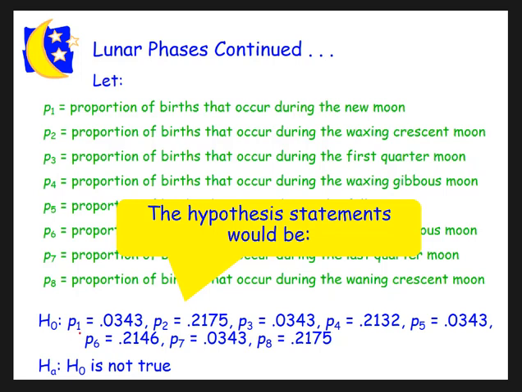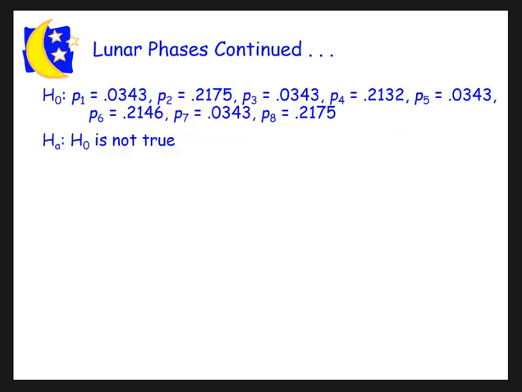So our null hypothesis is that p1, the proportion of births during the new moon, is 0.0343, because that's the proportion of the cycle that is in the phase of the new moon, and again down the line. The alternative, this book just says, is that the null hypothesis is not true. Most textbooks will say just that at least one of those proportions is different from what the null hypothesis is.